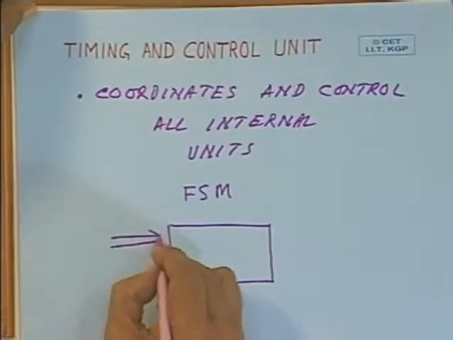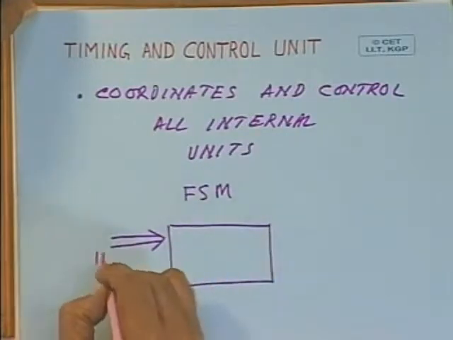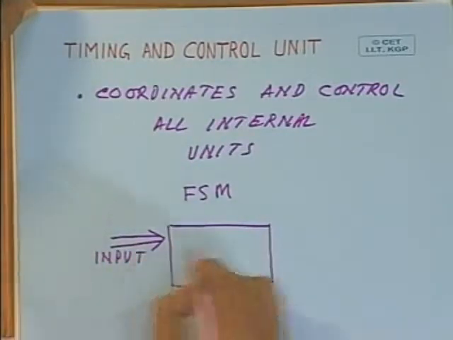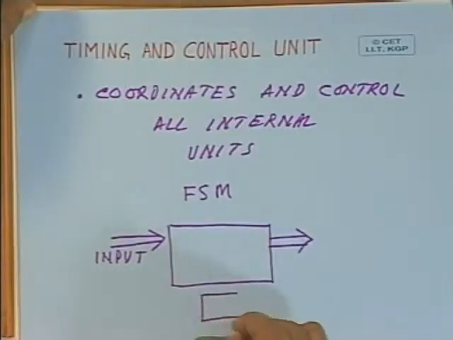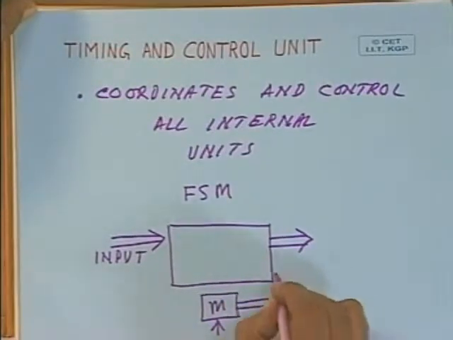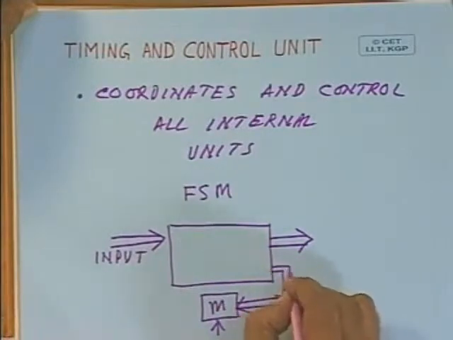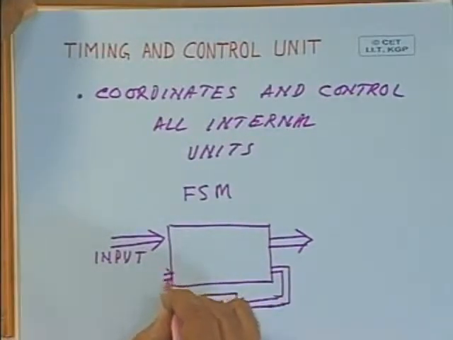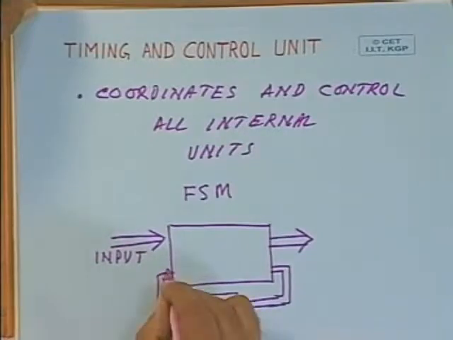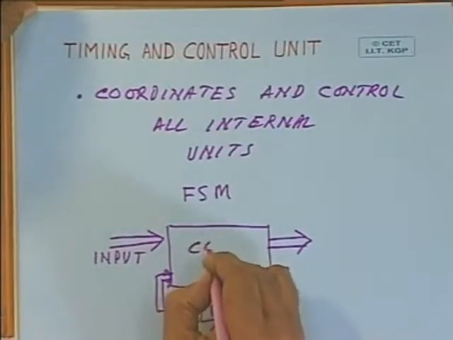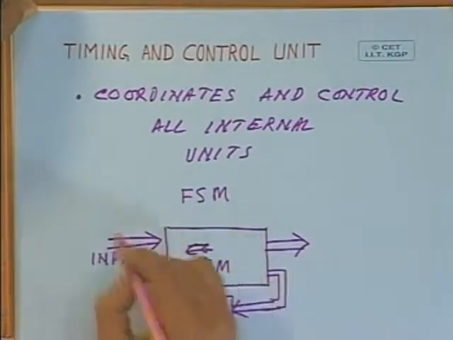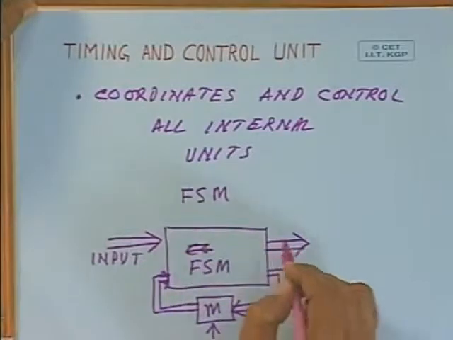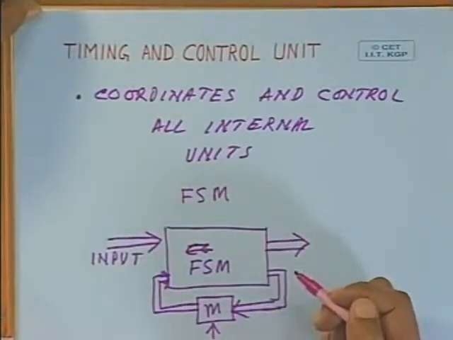It receives some input, primary input, it generates some output, and it has got some memory elements, and these are the internal states. This is the general block diagram of a finite state machine, FSM.